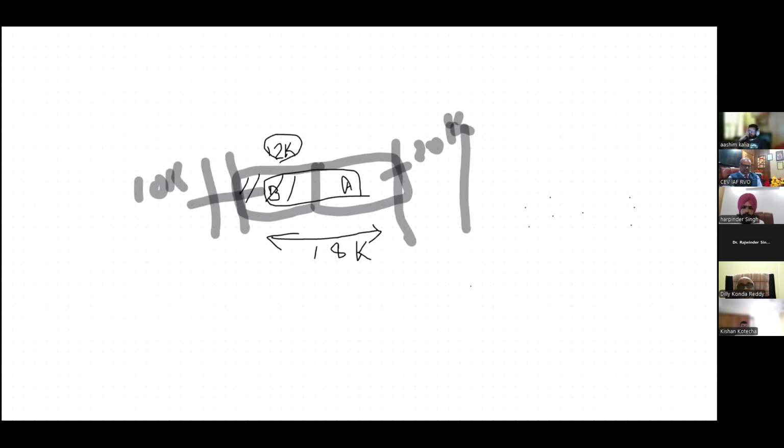This is called marriage value or synergistic value.